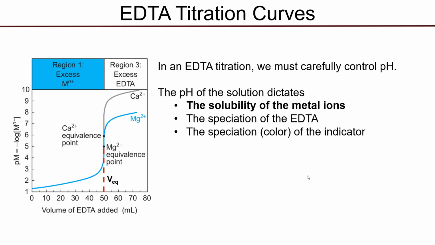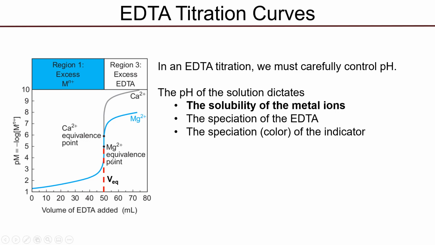And so if we think about this in terms of the EDTA titration curve, we have to think about two separate things simultaneously. The pH of the solution reflects the proton and the hydroxide concentrations in the solution, whereas the pM value reflects how much free metal ion is still in solution.